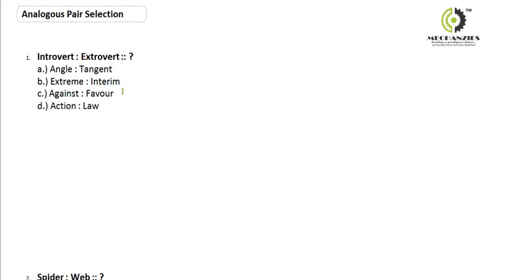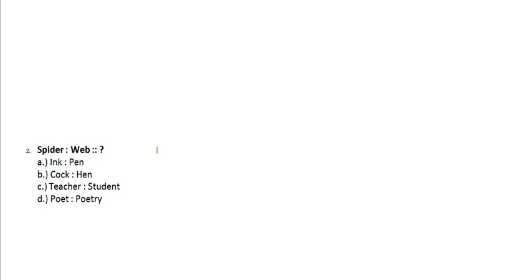Here you can see that angle and tangent are not antonyms of each other, not even extreme and intime, but against and favor are antonyms. So this will be the correct pair. Next one, spider and web. Here the concept is that spider makes the web.